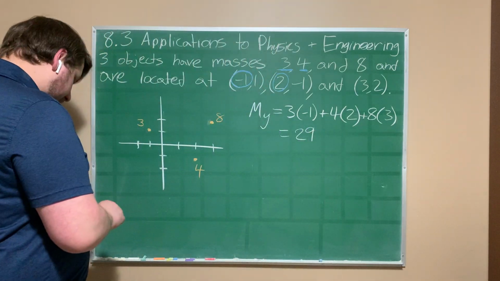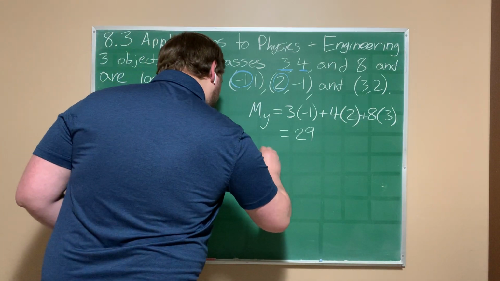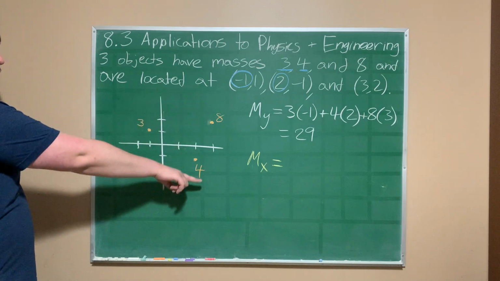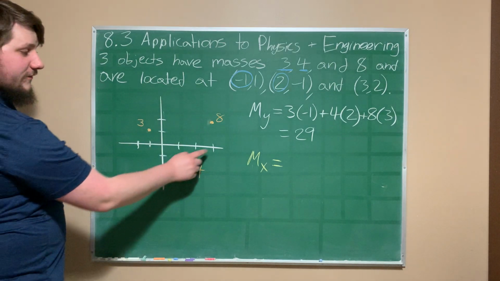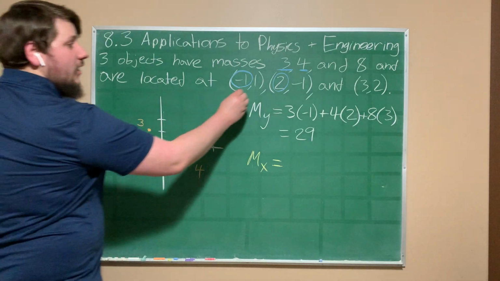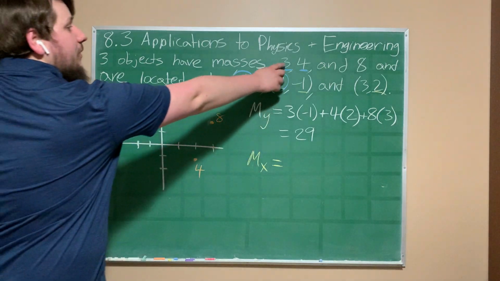Then the moment with respect to the x-axis, the one we haven't calculated yet. These are now going to use the y-coordinates of each of these points to figure out how far they are away from the x-axis. Now we're going to use all of the second coordinates in each of these, multiplied by their masses.